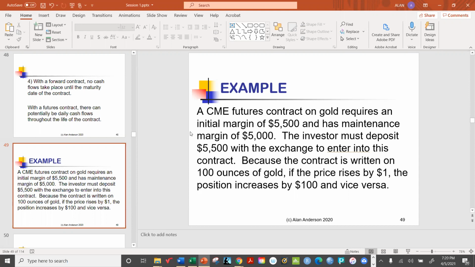This is why there's this extra wrinkle, this extra bit of risk involved with futures contracts. You could have temporary downturns in the gold price, which would force you to put a lot more money into your account. That wouldn't happen with a forward contract. And if you can't come up with the money, they will actually close out your account. Okay, so you've got to watch that too.